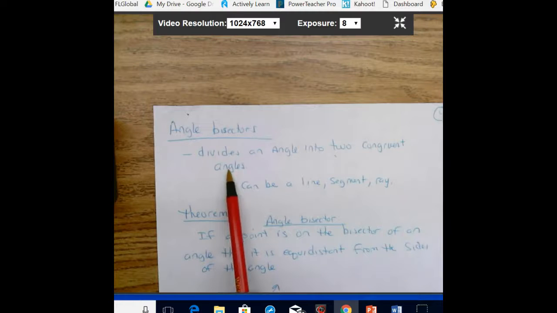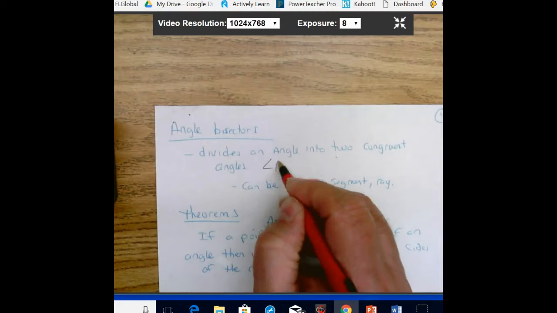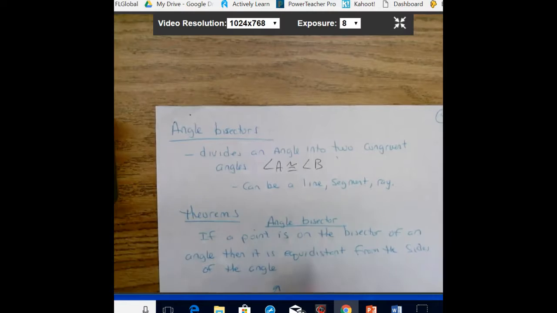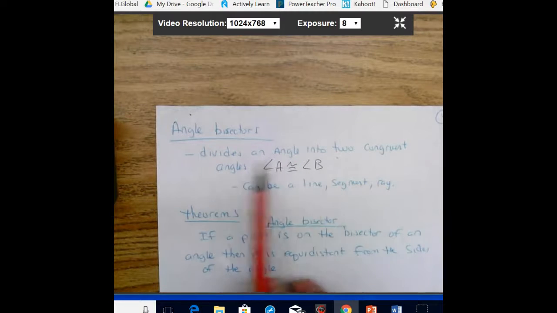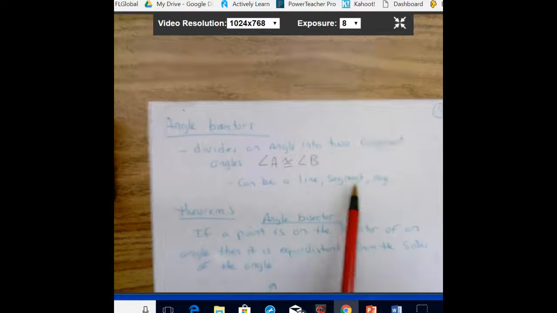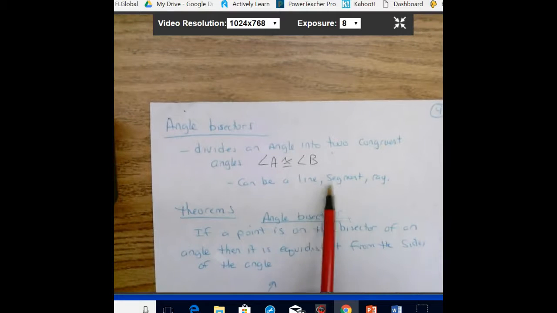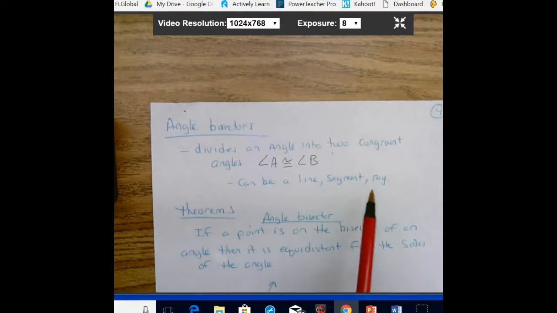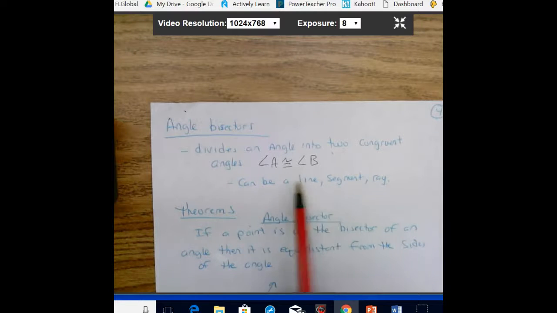They're the same, right? So that means angle A is congruent with angle B. Whatever is doing that, whatever the angle bisector is, it can be a line, a segment, or a ray. That doesn't really matter. What we're really worried about is it's cutting the angle in two perfectly, where each angle on each side of that bisector is equal to, congruent with, the other.